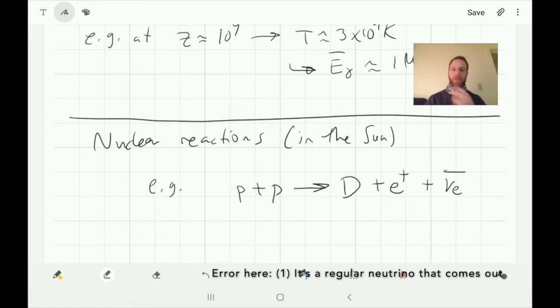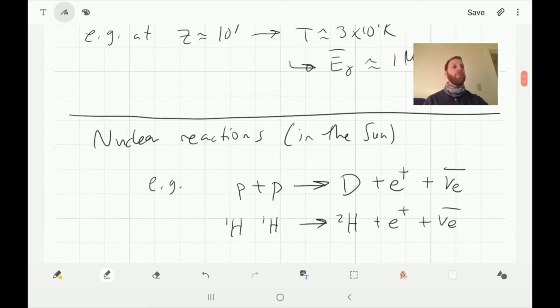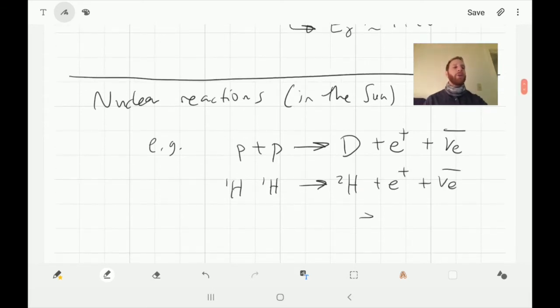electron antineutrino. You might also write this in the sort of nuclear notation. A proton, which is just an ionized hydrogen atom, turns into a deuterium, which is a proton and neutron stuck together. You might call that 2H, plus the positron, plus the antineutrino. Now, in the process, there's actually also excess energy that is created. This is a so-called exothermic reaction.